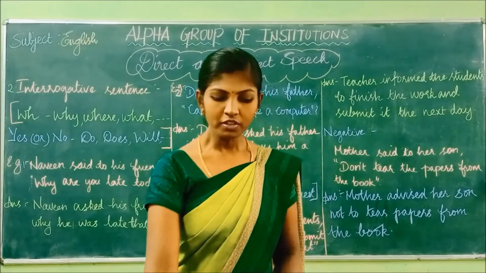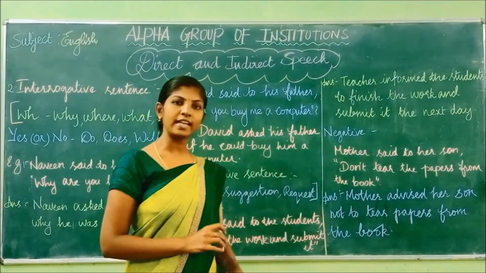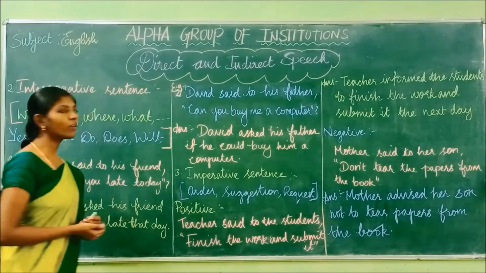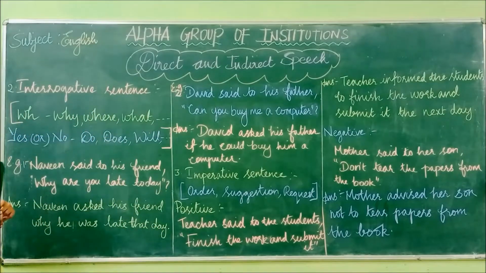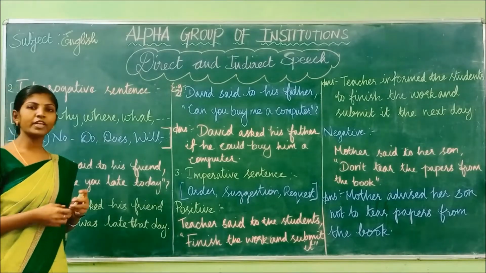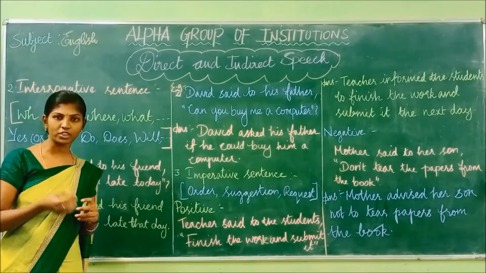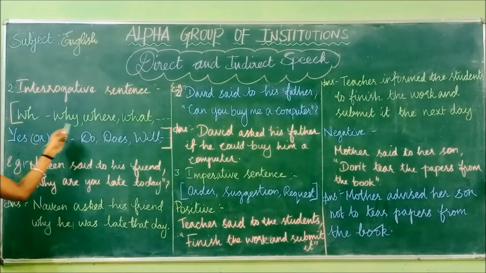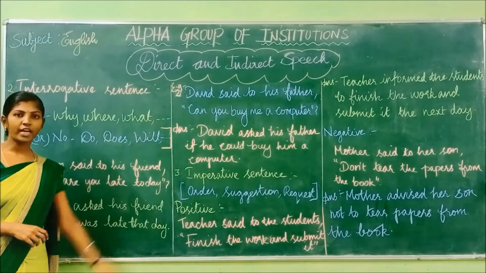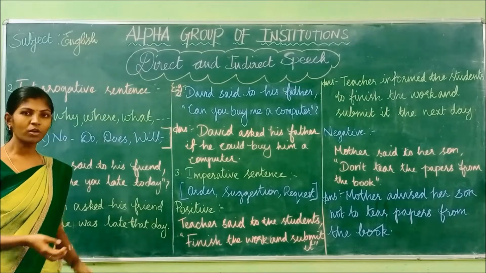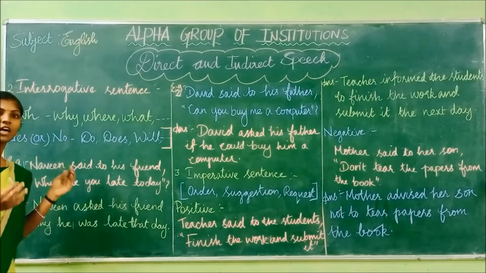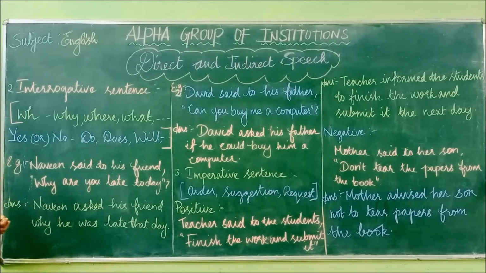Okay, so before entering into the class, let's see interrogative sentences. What are interrogative sentences? Interrogative sentences are question sentences. When you frame questions using WH words, which means why, where, what, and so on, whose, whom, how, all those words are called WH words, right?